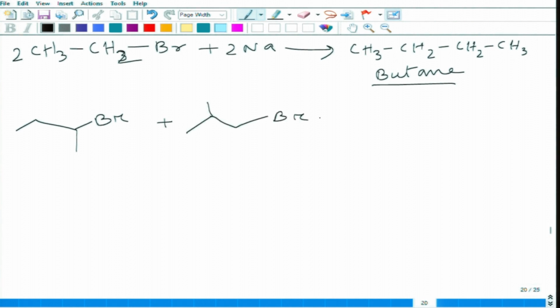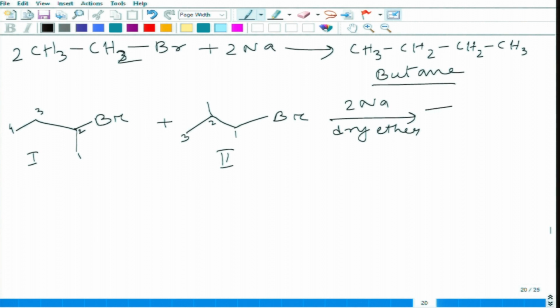Okay. So, now if we consider this reaction, let us number 1, 2, 3, 4, here also 1, 2, 3 and 1 methyl group here. Okay. So, the bond will be between the second carbon of 1 and the first carbon of 2.